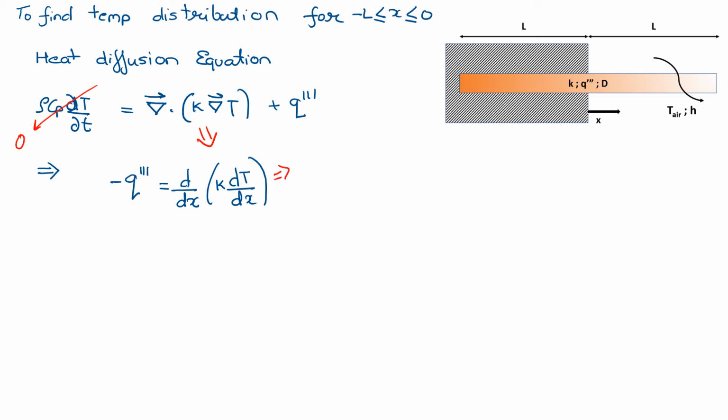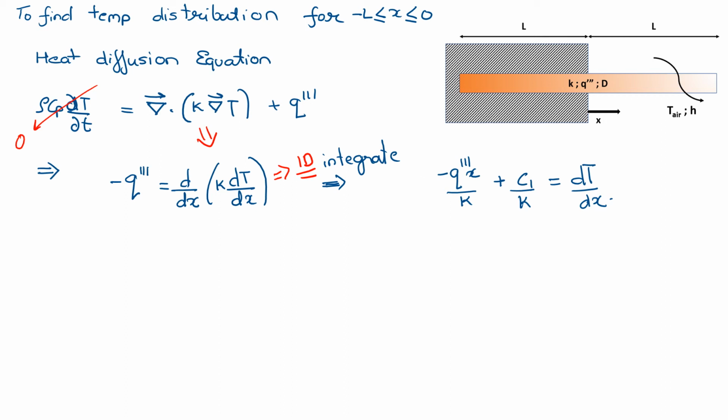And why? Because our heat is just flowing in one dimension, that's the x direction. That's why our partial derivatives can be written as ordinary derivatives. So that's why we have minus q triple prime equals d of dx times K into dT by dx.